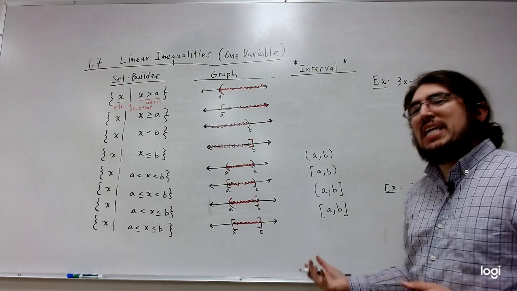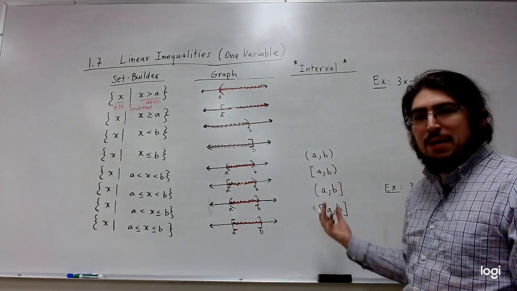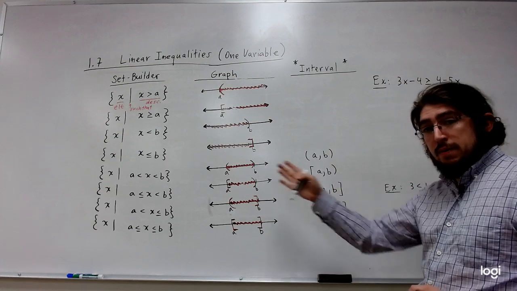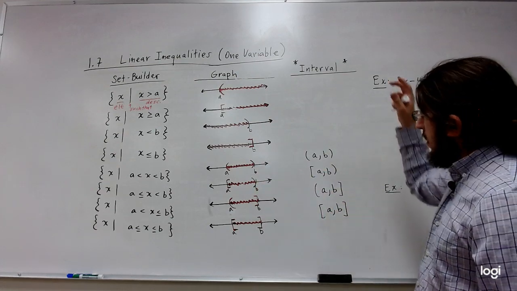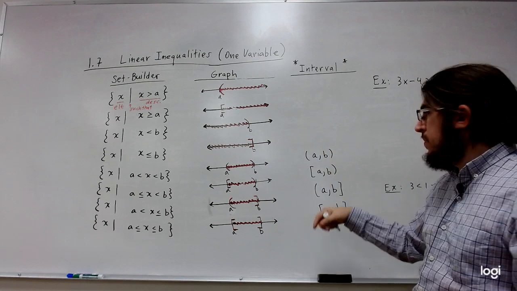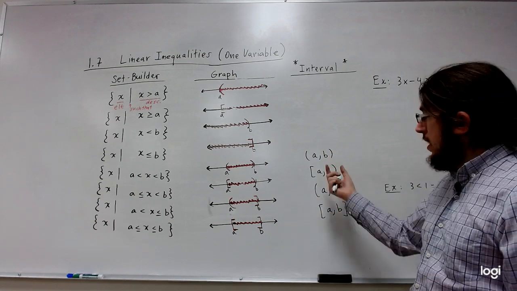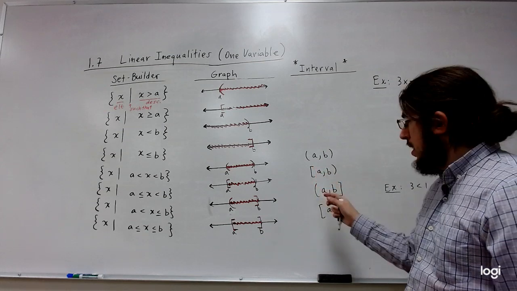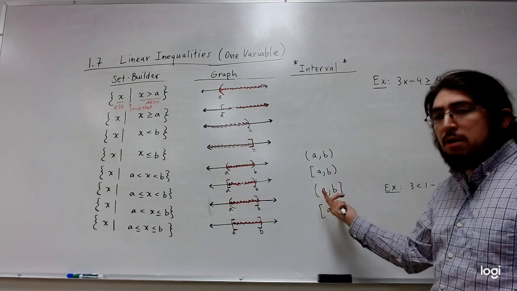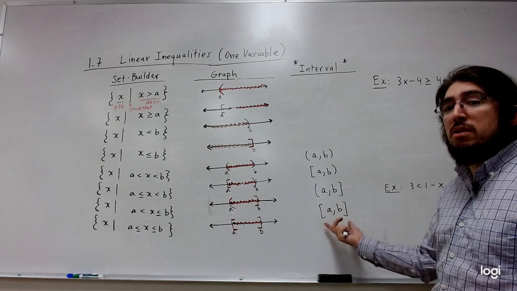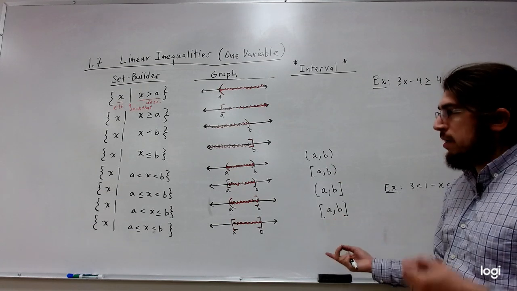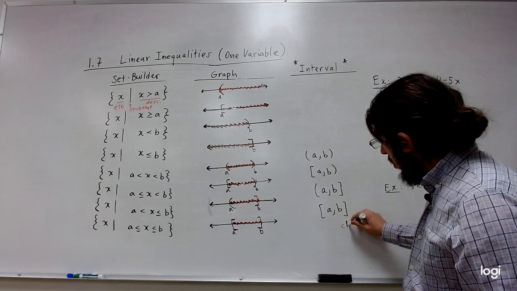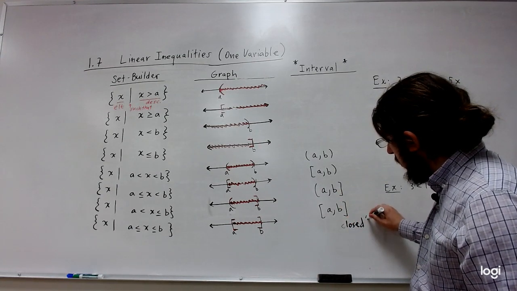Now you don't say it like that though. You don't say A comma B. You say from A to B, because you always go from smaller to bigger when it comes to these things. So this interval is the interval A to B, open. This is the interval A to B, closed on A but open on B. And here open on A, closed on B, and this is a closed interval A to B. So this is why we call those inequalities closed, because there are brackets on both.